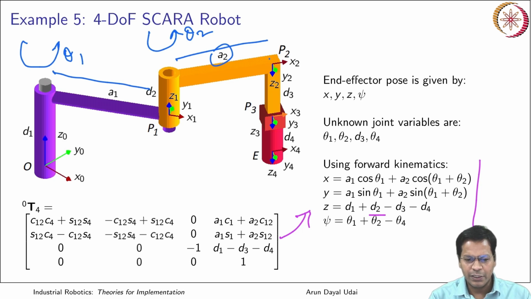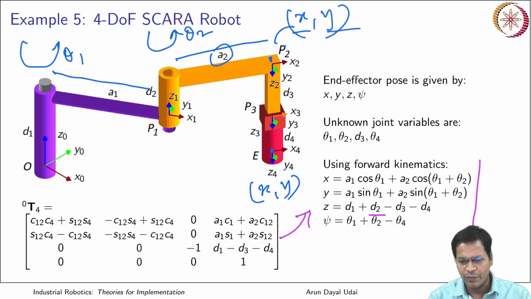So till this point and this point, both lie one over the other. So whatever is xy for this end effector, the same will be the xy for this point, is it not? So if you know xy, which you know already, you can quickly calculate theta 1 and theta 2. That is what we'll be using to solve SCARA as well.